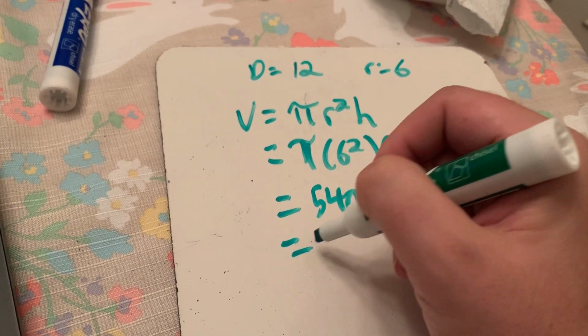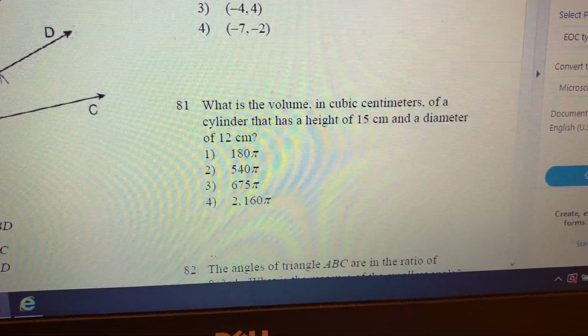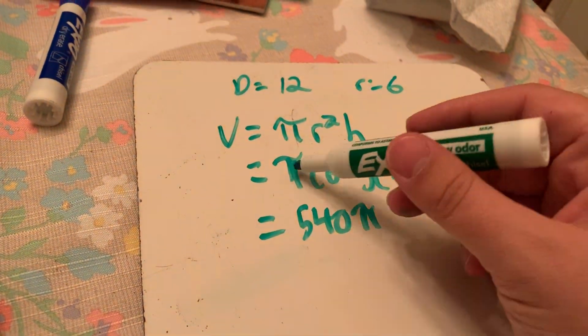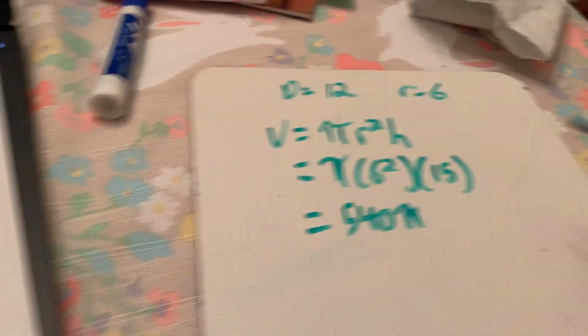Actually, let me back up because I didn't look at the answer choices. We look at the answer choices, they're all in terms of pi, right? They don't actually multiply it times 3.14. So you can just leave the pi as is and just do 6 squared times 15 in your calculator, which I will show you.